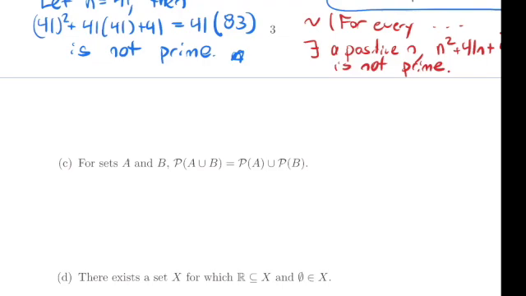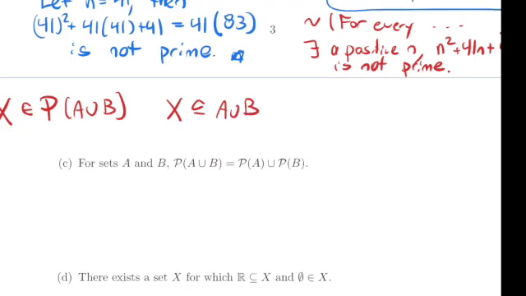Yeah, so first thing is, what does it mean to be in a power set? In particular, what does it mean for something to be in this power set? Again, these are sets, right? So this would tell me that X is a subset of A union B. So it might be nice to write out some of these definitions.